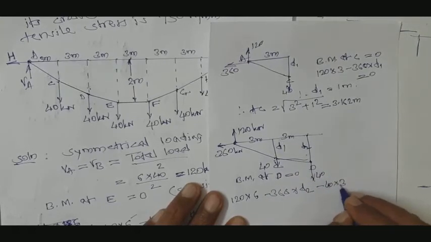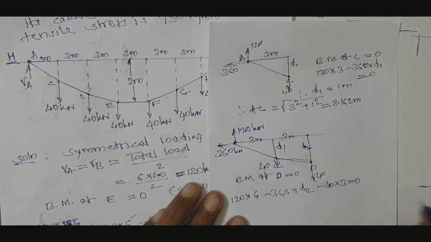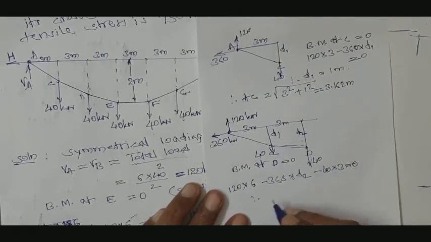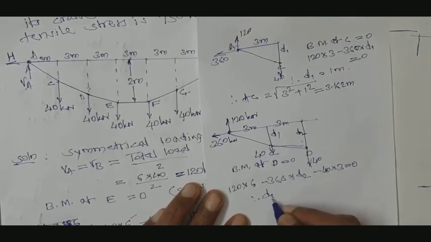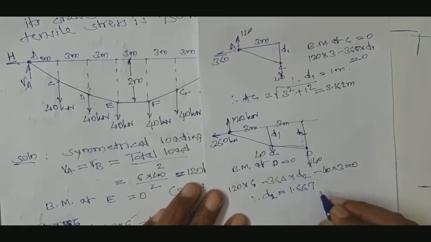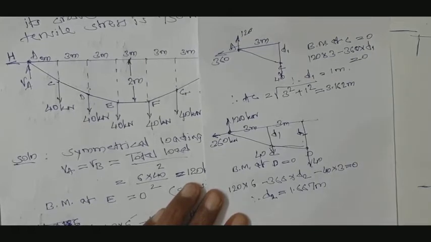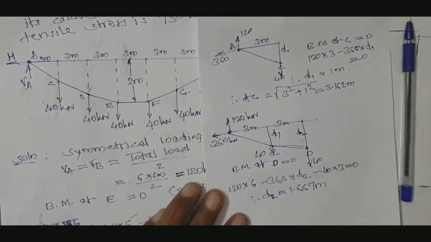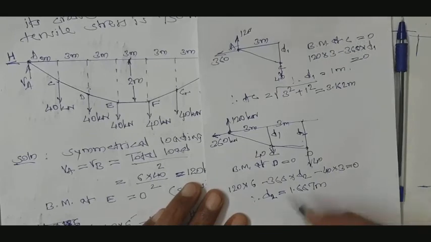This is 3, equals 0. But the moment due to the load acting at D will be 0 only. So from this you can calculate D2, which comes as 1.667 meter.